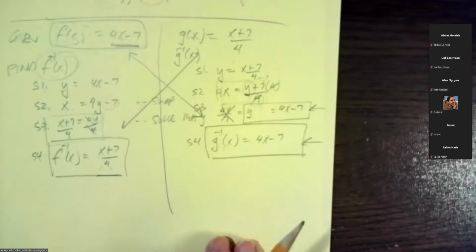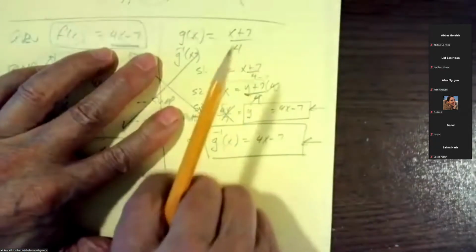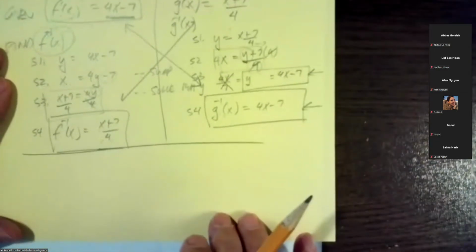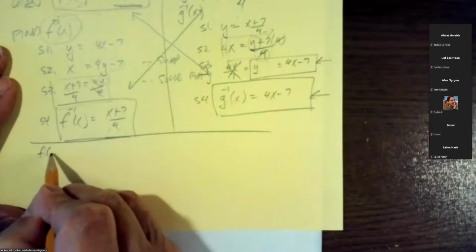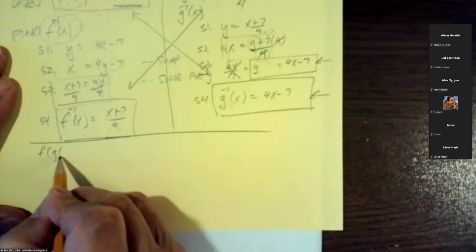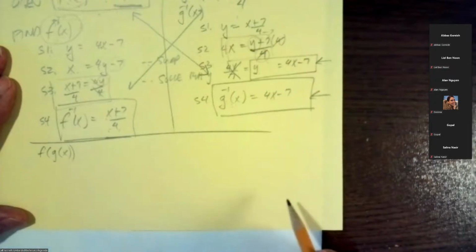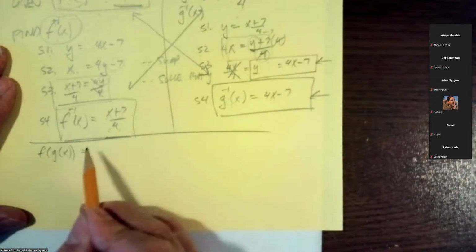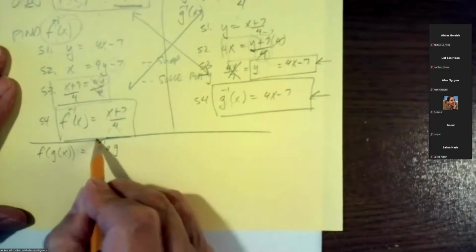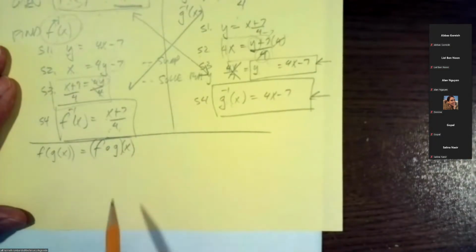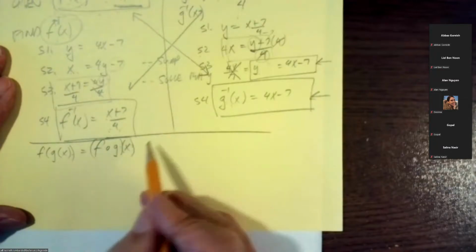So now the next question might be, what if I take f of g of x? What does that look like? That can also be written f of g of x. Those are the same thing.